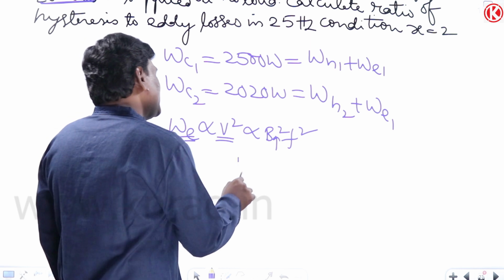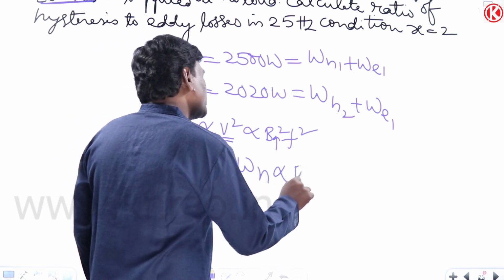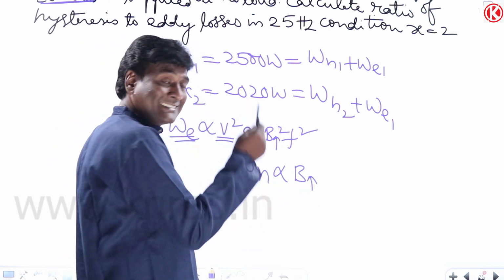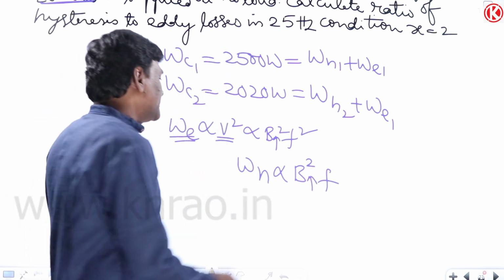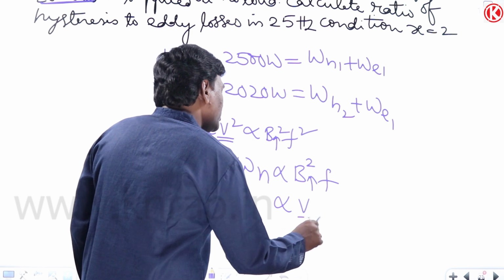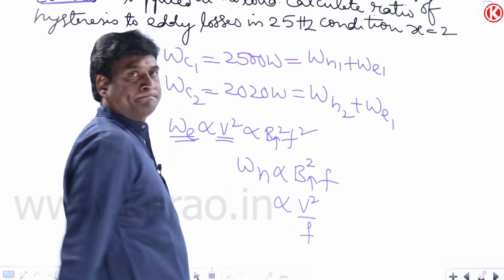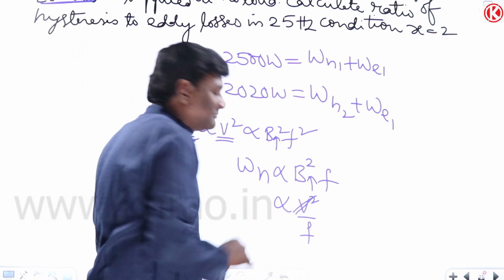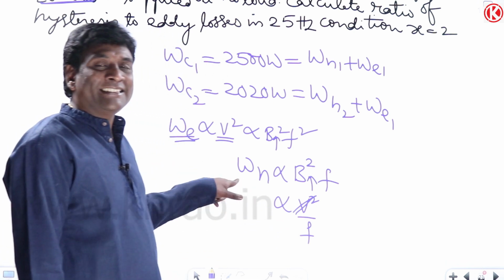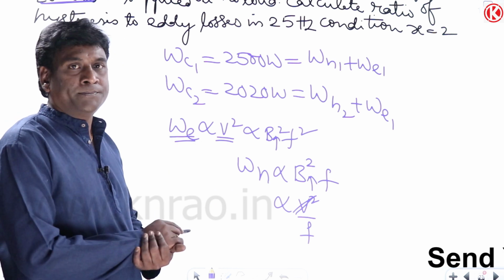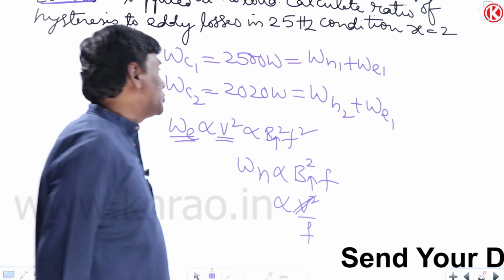Now let us think of hysteresis loss. Hysteresis loss is directly proportional to B max to the power of x. X is given as 2, so directly proportional to V square by F, operating engineer. Voltage is constant. So frequency is increased, hysteresis loss is to be reduced.